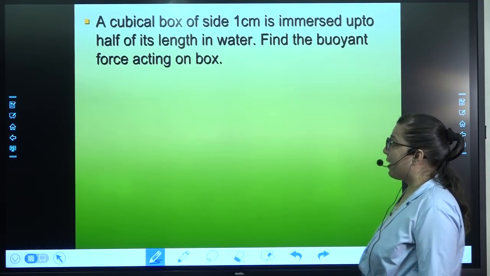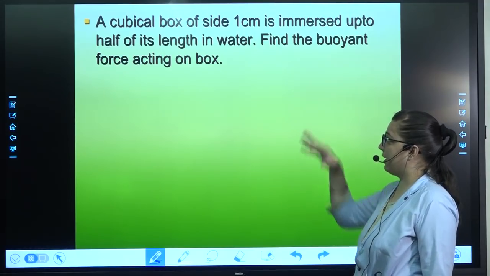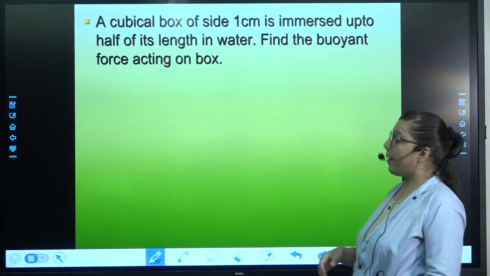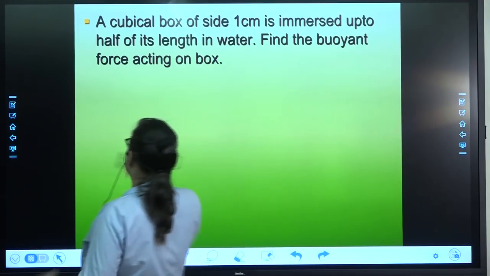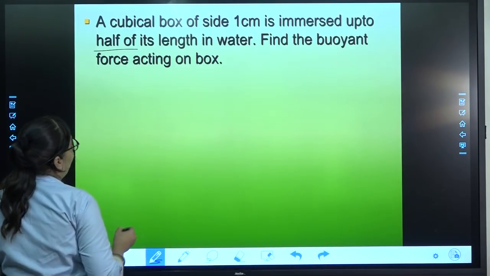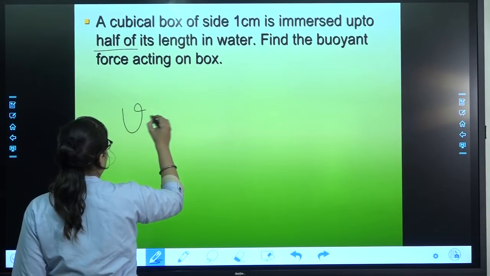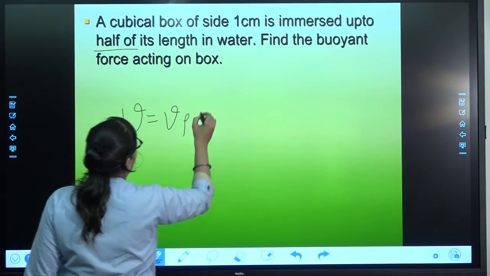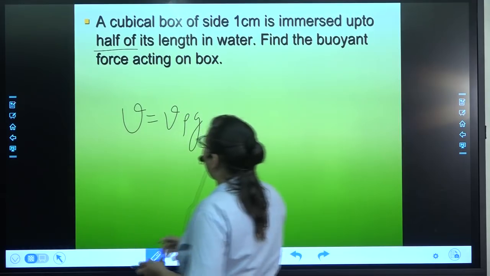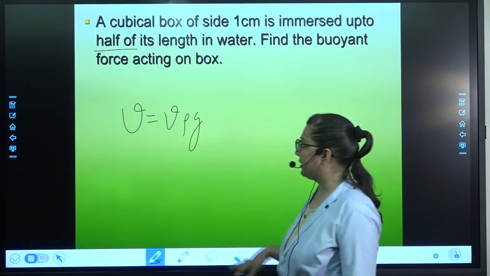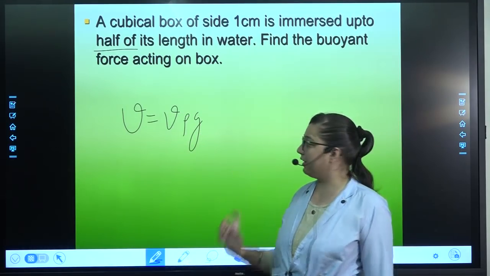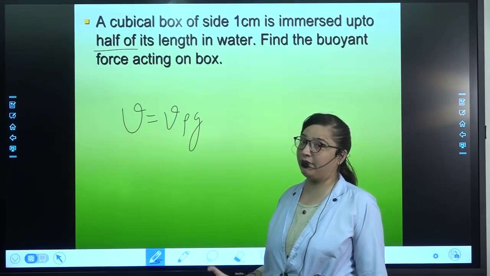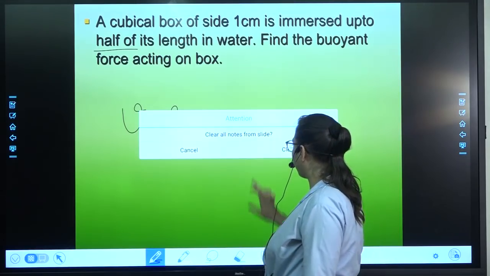There is one cubical box immersed in water, but this is important that it is half of its length. So, to find out the buoyant force, we used U is equals to V rho g. And then we were able to calculate. First we calculated the volume, then we calculated its buoyant force.